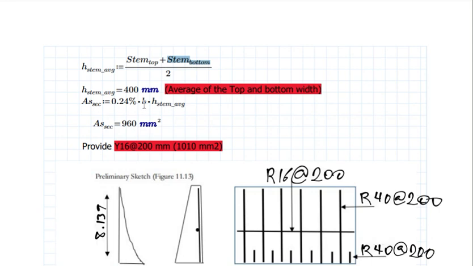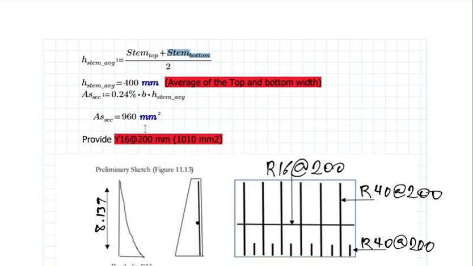And our b is 1 meter again, as usual, because we are designing for a meter strip or a meter width of slab. Then this is the secondary or minimum. As minimum is now determined to be 960 mm squared.